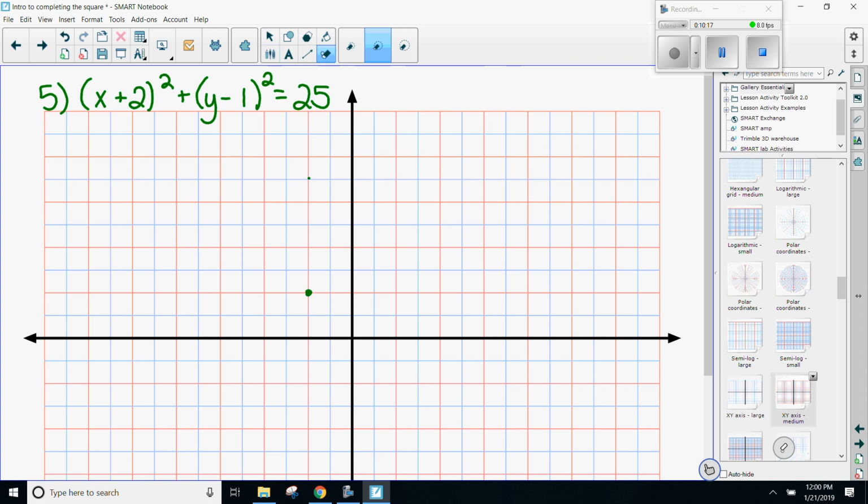Oh, that is -2, 2. Thank you. -2, 1. And it's 5, 5. So go 5 in each direction. And then try to draw a nice circle from that, which has always been the challenge, right?